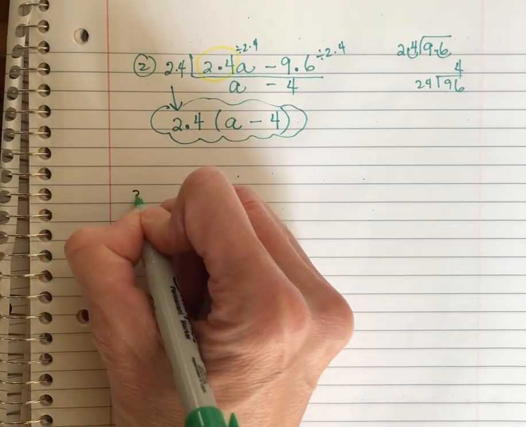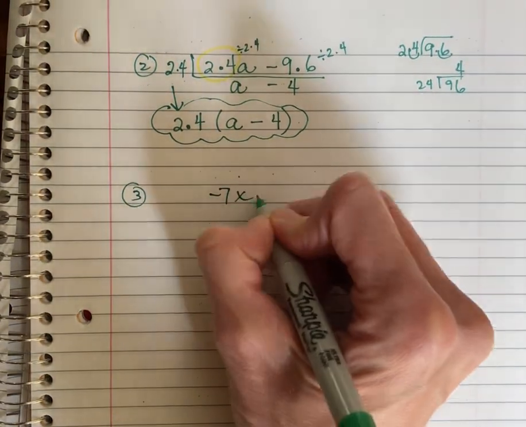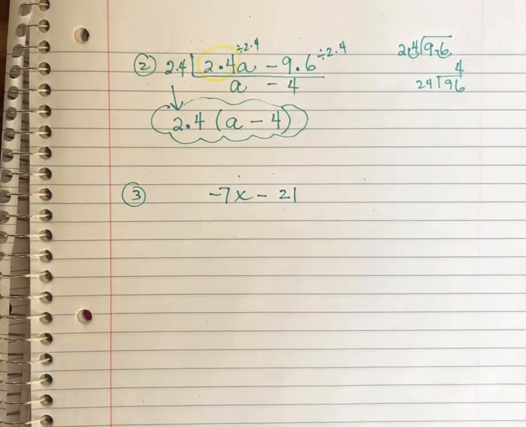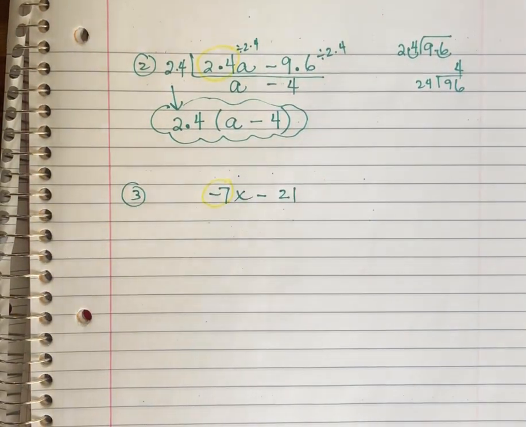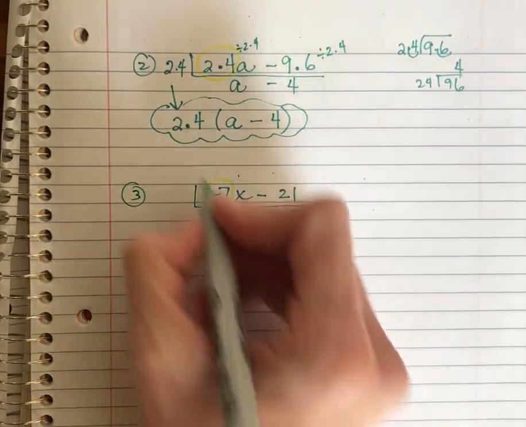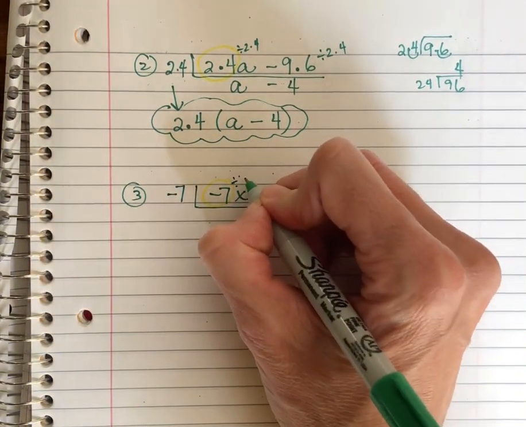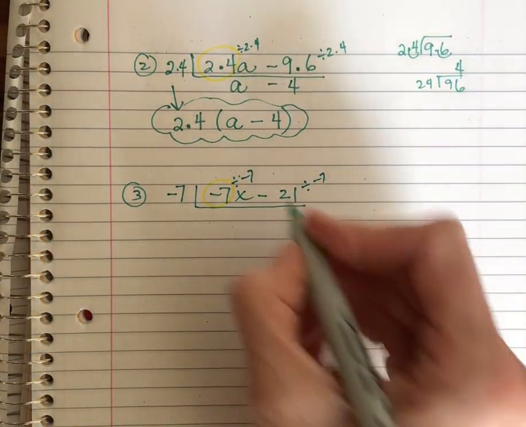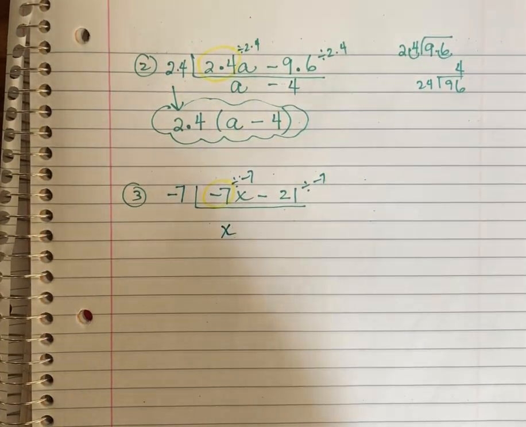Okay, let's do 2 more. Number 3. Negative 7x minus 21. Okay, so be careful. The coefficient is a negative. So we have to divide each of those terms by a negative 7. Negative 7 is the coefficient. It's what we're factoring out. So to show this, divide negative 7, divide negative 7. Okay, so negative 7 divided by negative 7 is 1, or just x.